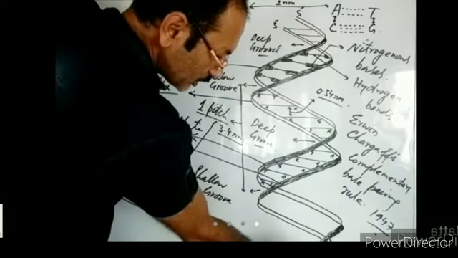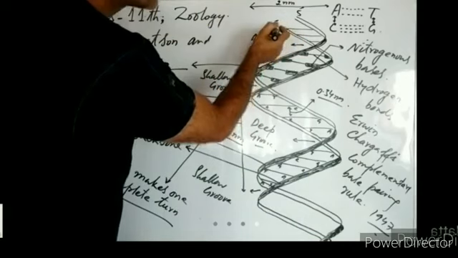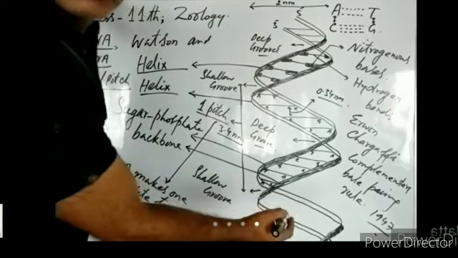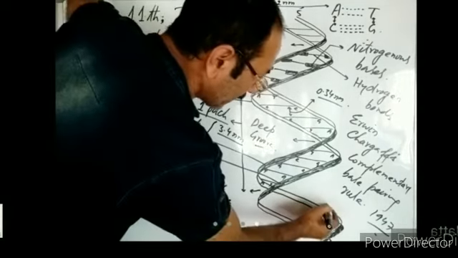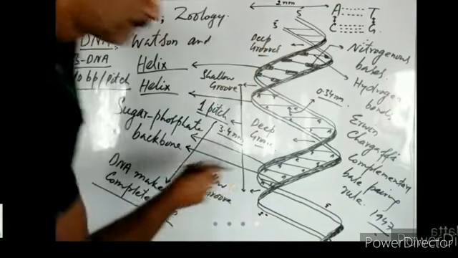The direction of one strand is 3 prime to 5 prime, and the direction of the other strand is 5 prime to 3 prime, right? So they are opposite in direction. We call that anti-parallel fashion. So this is the 3 prime end, I think this is not visible in your diagram, and this is the 5 prime end, right?